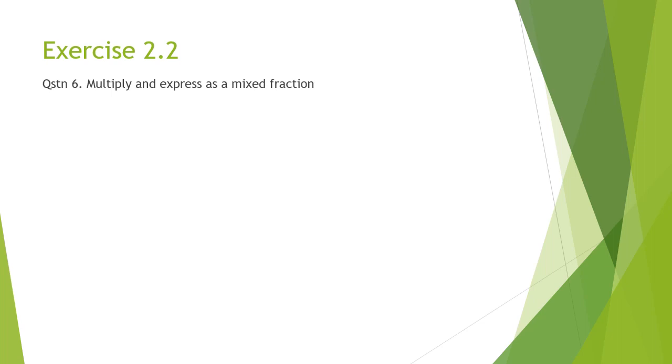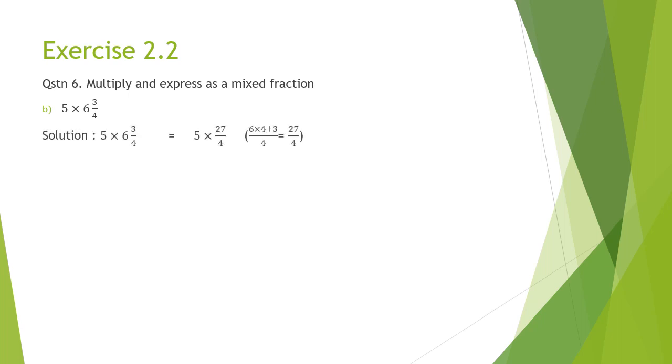Our next question is question number 6. Multiply and express as a mixed fraction. The first one, 5 multiplied by 6 integer 3 by 4. Whenever we are dealing with a mixed fraction, the first step is to convert it into an improper fraction. Then use the rule for multiplication of a fraction by a whole number.